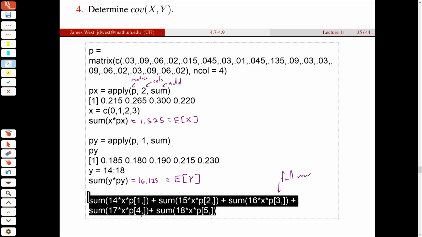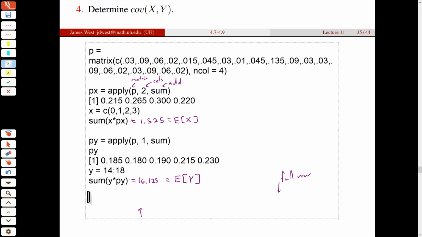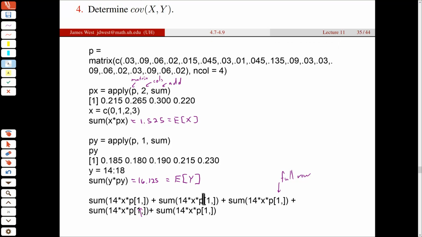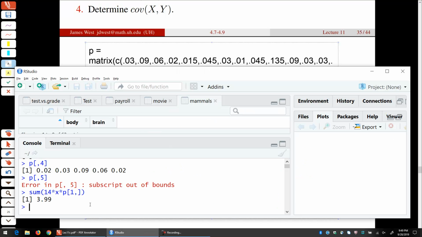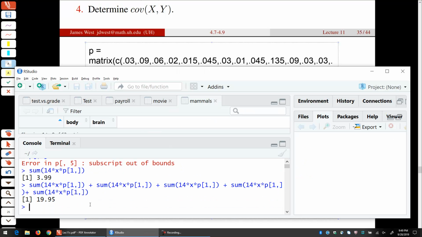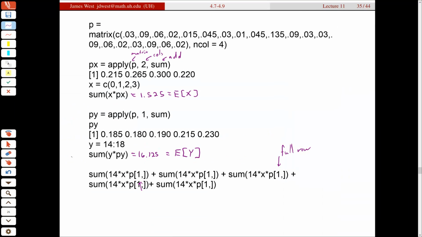If I then add all of these together, I get the expected value of 19.95.